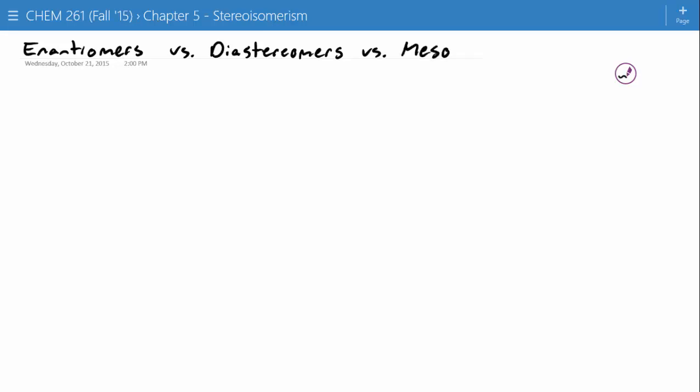Enantiomers versus diastereomers versus meso. What do all of these mean? Let's make a list. First one is enantiomers. What are enantiomers? Non-superimposable mirror images.